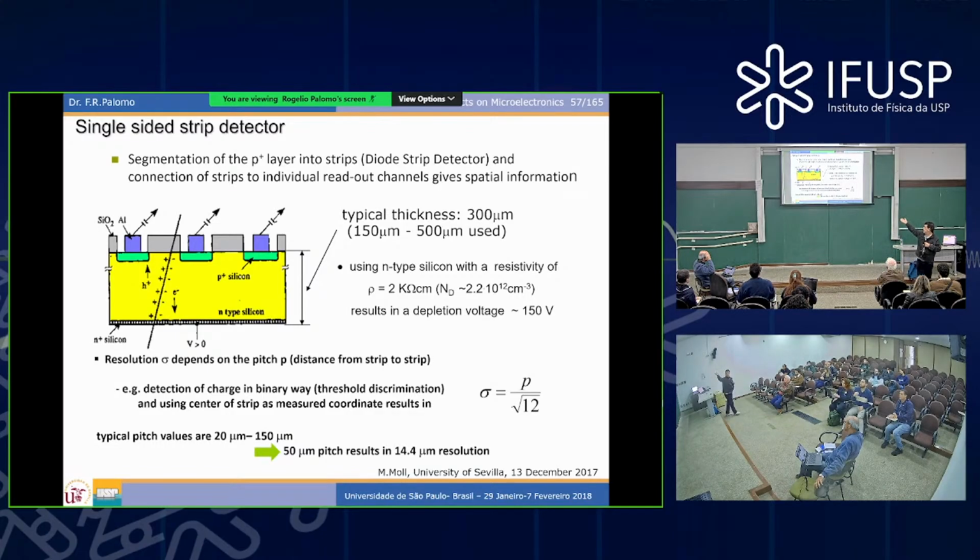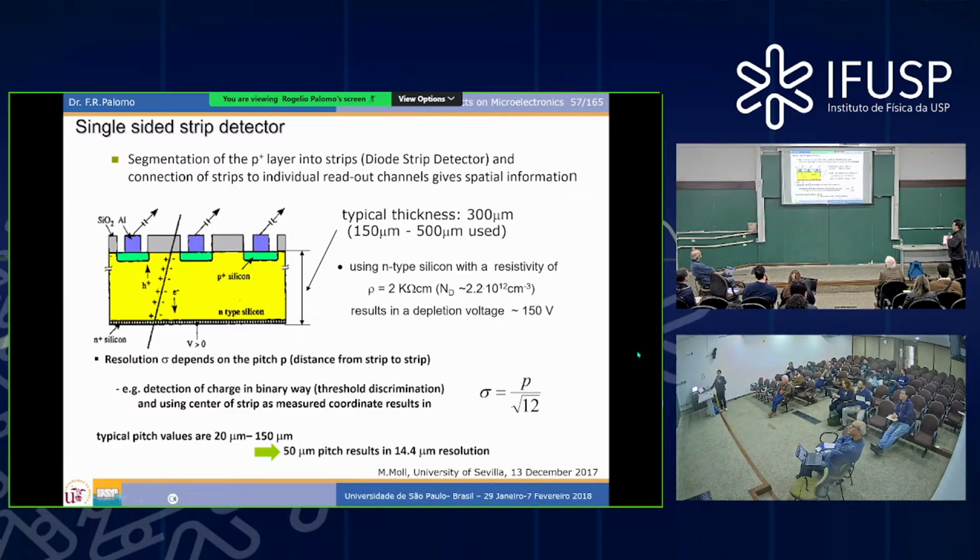There you have the typical results from a strip. At the beginning, in that epoch, we were using P in N, so we were reading holes instead of electrons. Nowadays, we read electrons. That's the meaning of N in P: reading electrons. P in N implies reading holes.